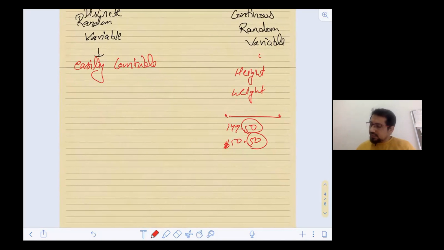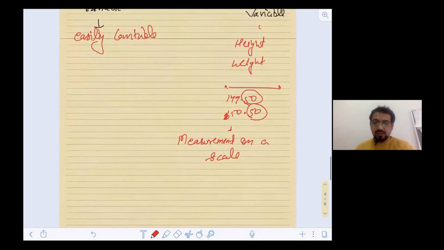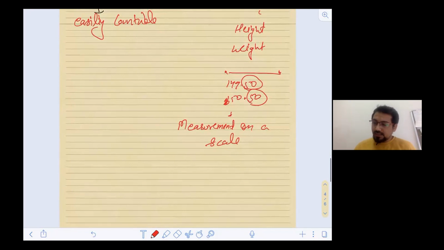Now the next one: measurement on a scale, which can be measured on a scale. And as I have said, for discrete, the number of students, patients.